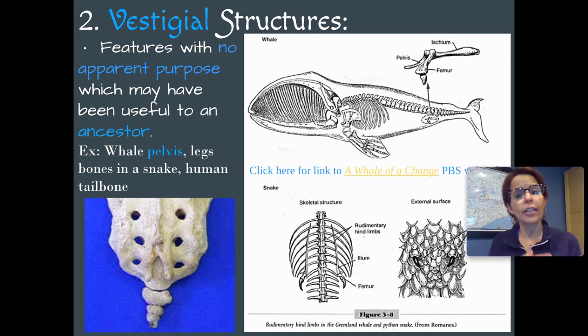And those that had useful variations, those that had mutations that caused maybe their back limbs to be smaller, which created less drag and allowed them to swim more efficiently, those guys survived better than the ones that still had these legs. And so whales today are generation after generation, many generations of mutations caused the legs to disappear, but they still have a pelvis.